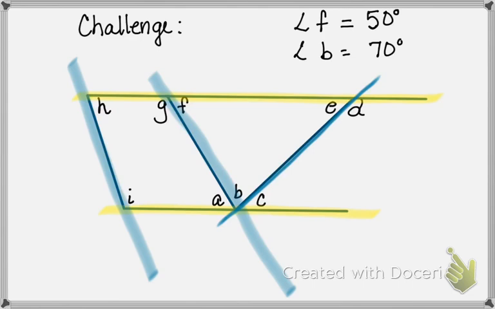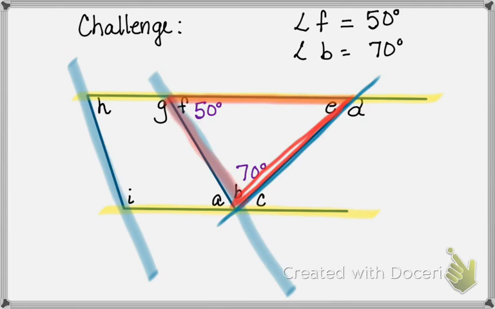So the first thing it tells us is that angle F is 50 degrees. So I'm going to go ahead and label that. And it tells us angle B is 70 degrees. Well, if I look a little closer, I can see that this right here is a triangle. And I know that in a triangle, all of my degrees equal 180.